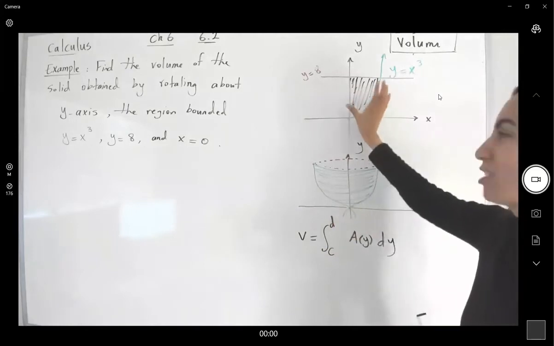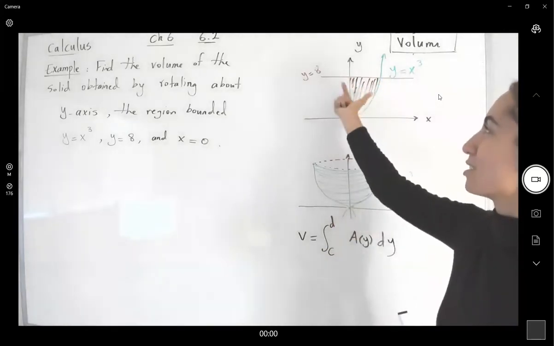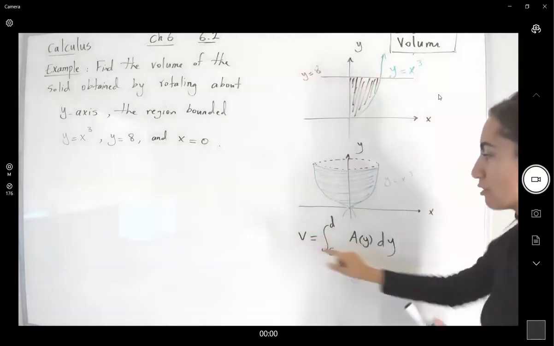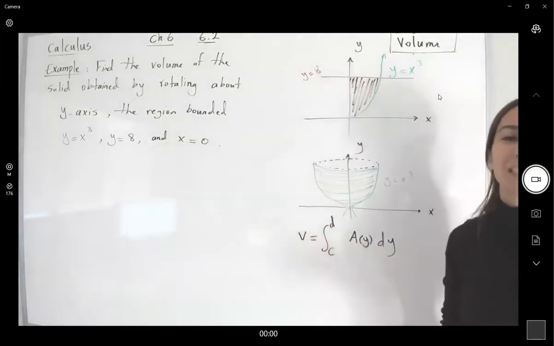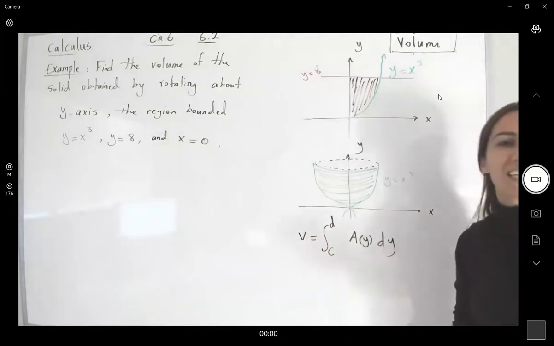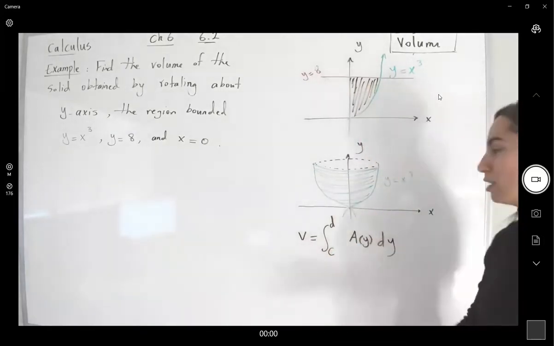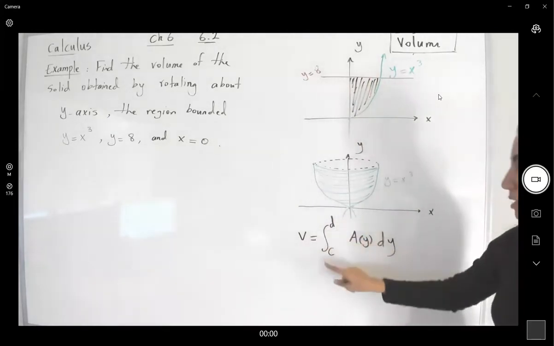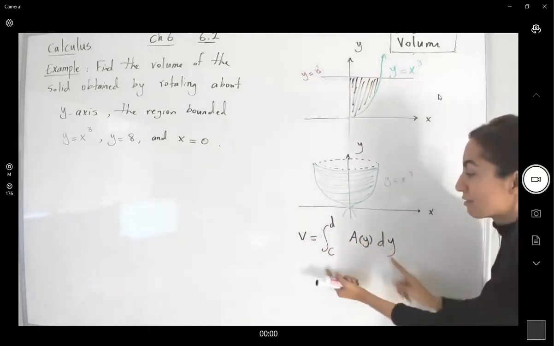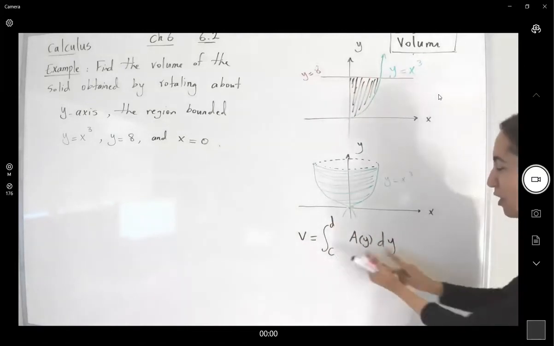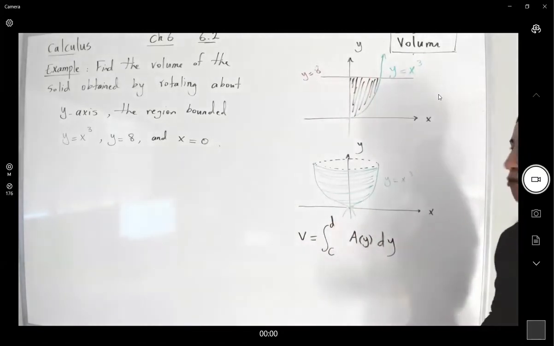So you're finding the volume of the solid. We're taking this solid and start rotating the solid with respect to the y-axis. So another formula using variable y instead of variable x to help us calculate this volume is V equals the integral while y is ranging between c and d. The area is a function of y with respect to variable y.